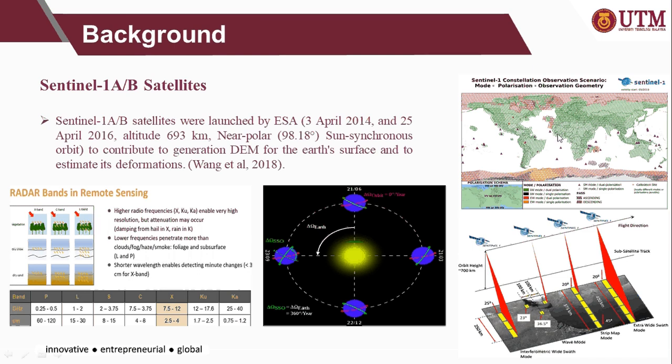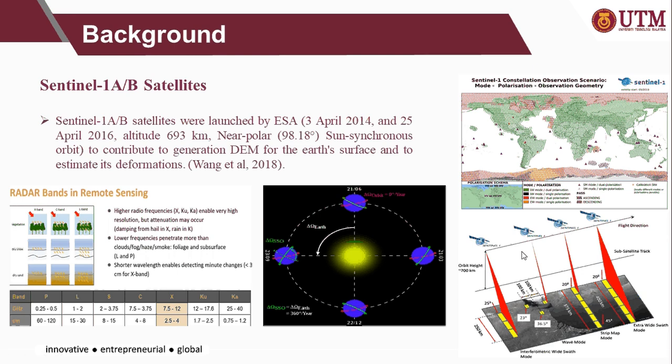This figure appears here at the top right of the screen. It shows the coverage for Sentinel 1 A and B and the mode for this coverage, and the second figure explains the modes for the Sentinel.